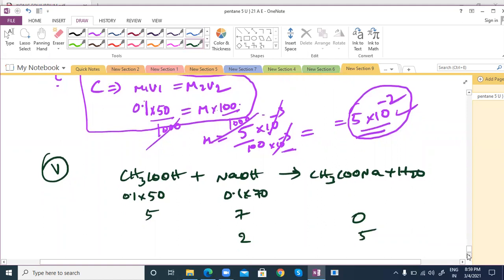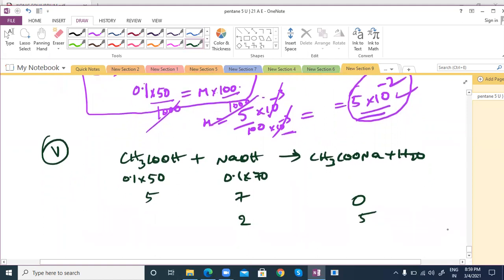Now which formula do you have to use? Here salt is there and strong base is there. So this is not a buffer. A buffer should be weak acid with its salt, or weak base with its salt.